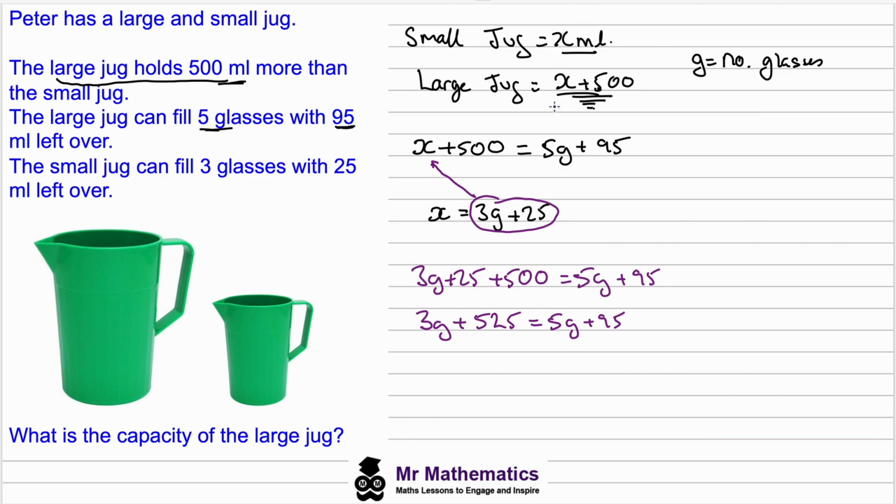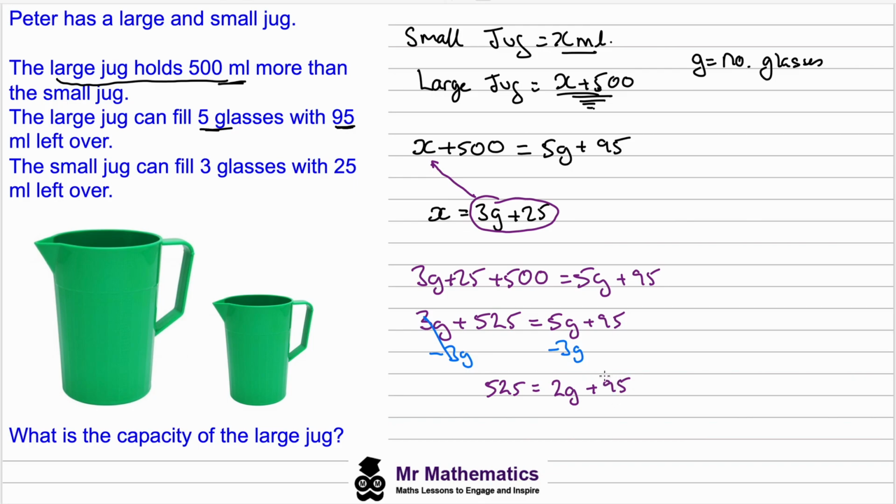And now we can move these positive 3Gs to the other side by taking that away from both. Now these will cancel, and we have 525 will equal 2G plus 95.